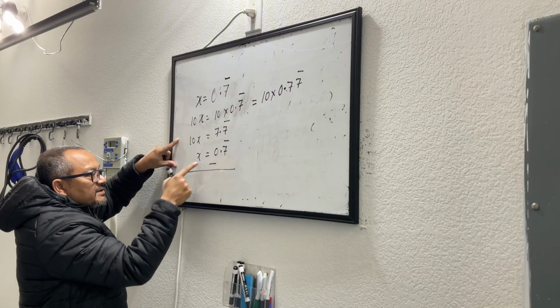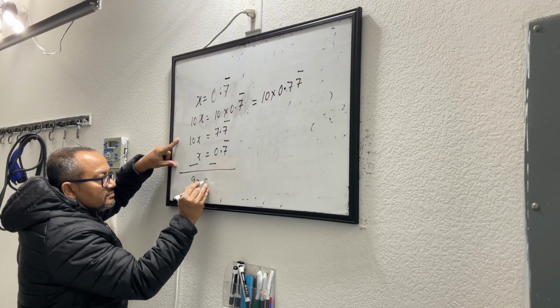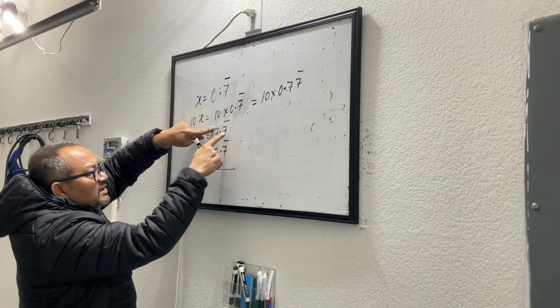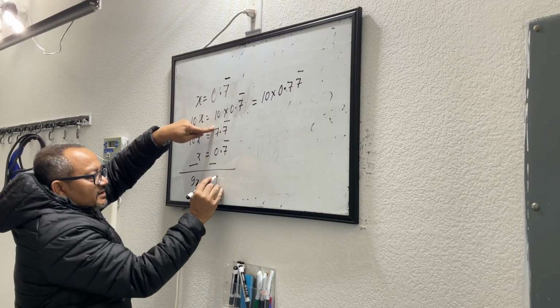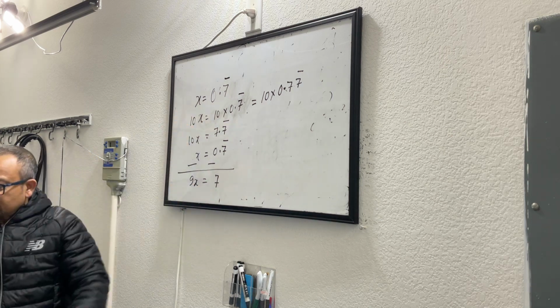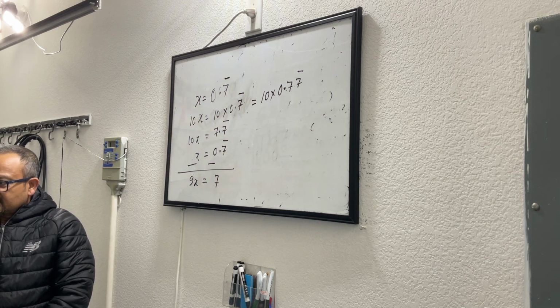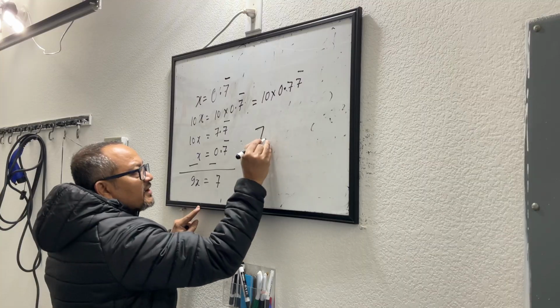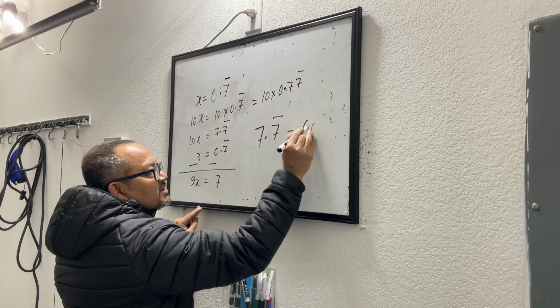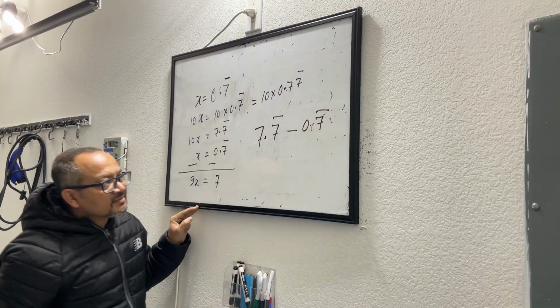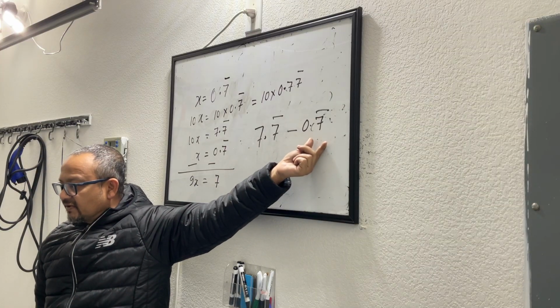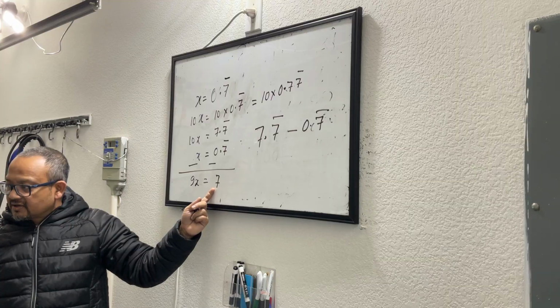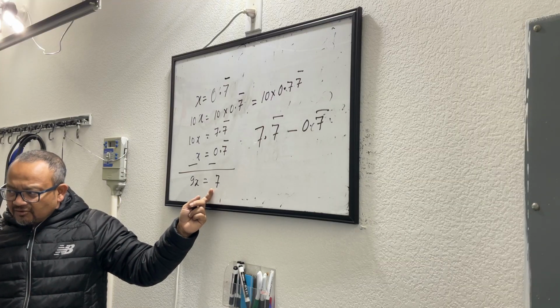So 10x minus x will give me 9x equals 7.7 recurrence minus 0.7 recurrence. Only the decimal parts are equal, so that will get subtracted and nullified. We got 7. Is it sounding okay?